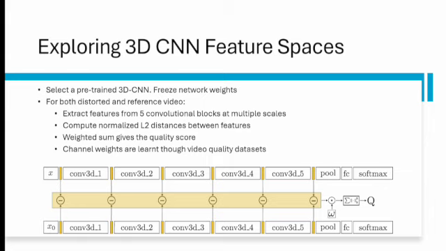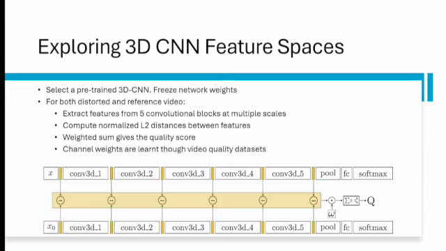Then we pass both the distorted and reference videos through this network, take out the internal activations, find the L2 difference between the reference and distorted features, then weigh every channel separately, differently, using learned weights. I'll come to it in a moment. And then just average it out using mean pooling to get the final video quality.